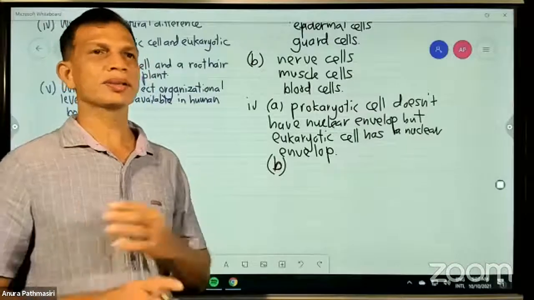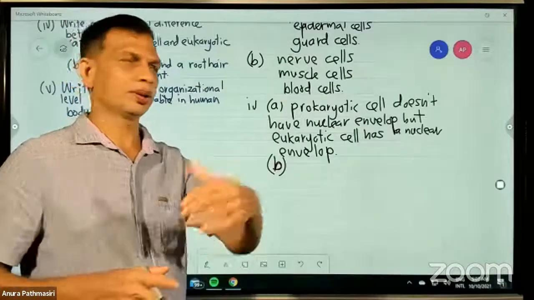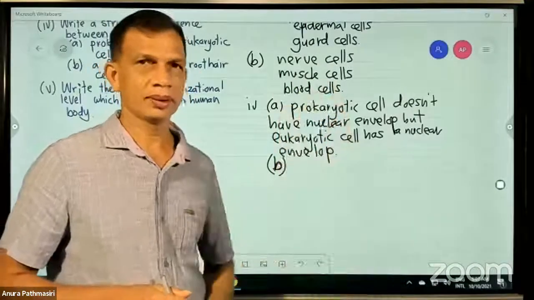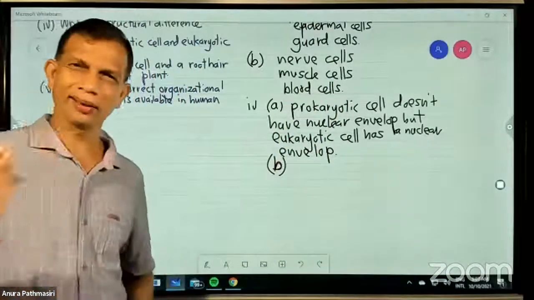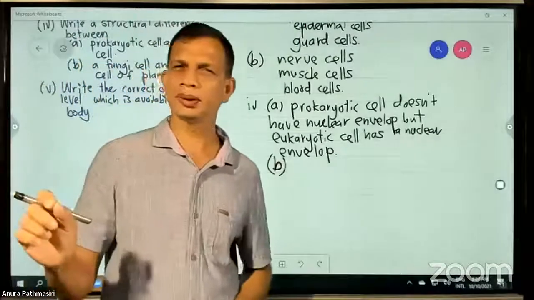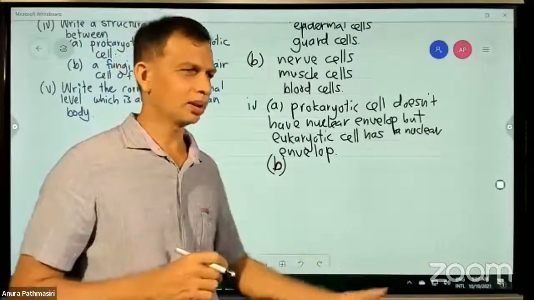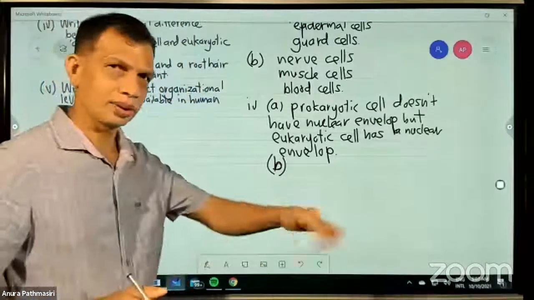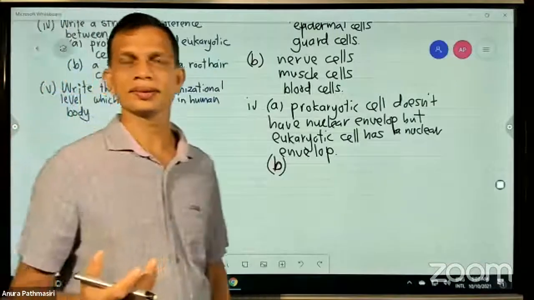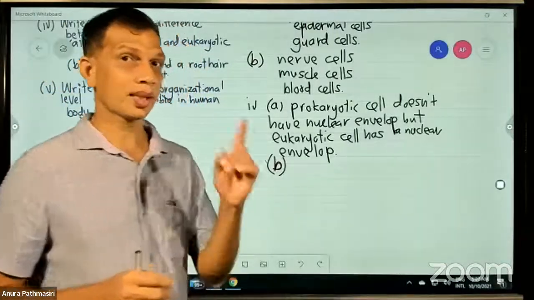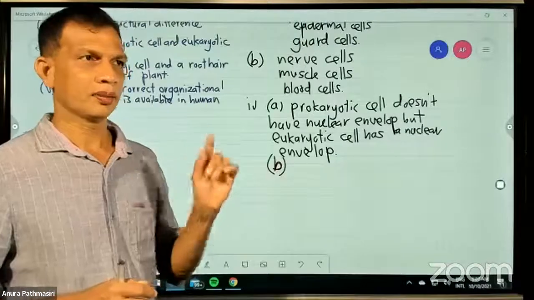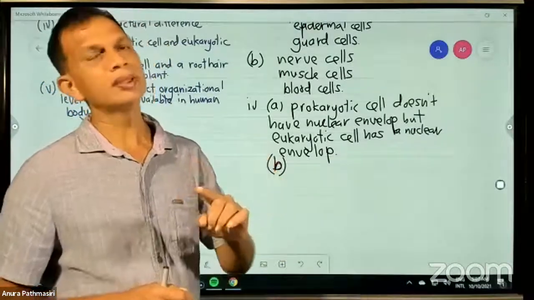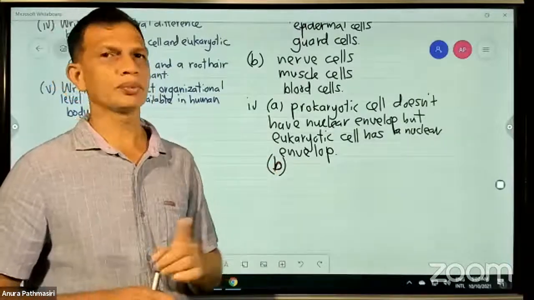Now, if you consider the epiphytes, like orchids, it's okay, but I'm just referring to root hair. Root hairs are not available in epiphytes. So the other plants have the root hair cells under the soil. Then what about the cell wall? A fungi has a cell wall. A plant cell also has a cell wall.